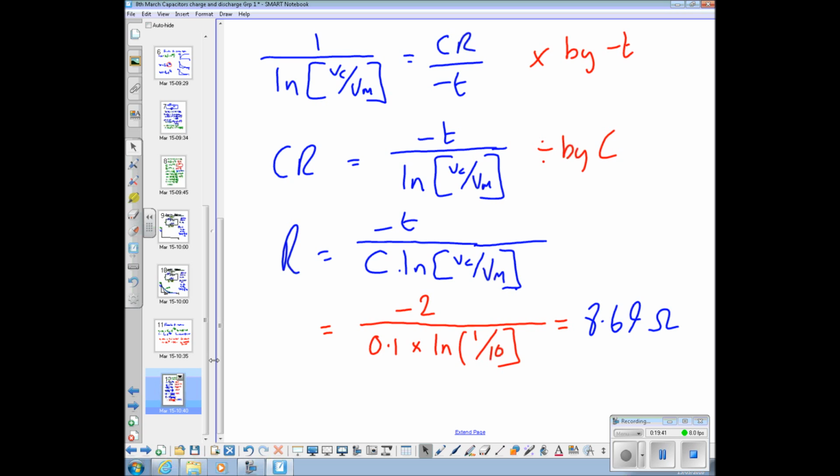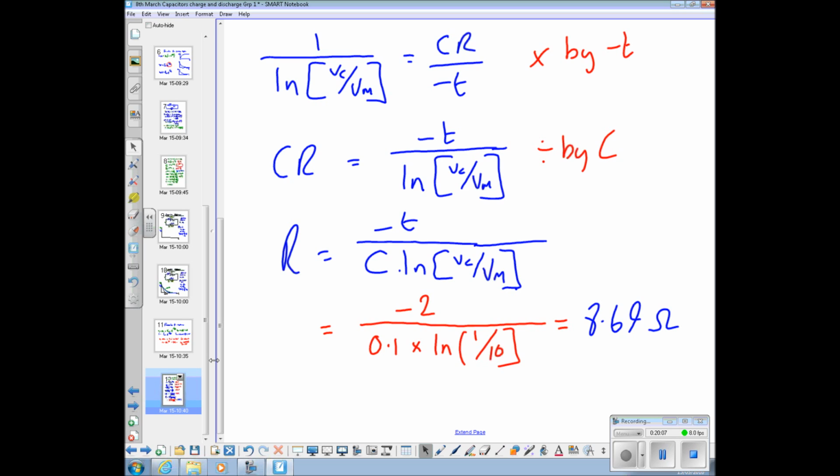Because the resistor being slightly higher than the actual value means that it will take a little bit longer. Do you get what I mean by that? The current would be lower. So to be on the safe side, if you're going to pick a value of resistor, you'd pick one slightly lower than that rather than one higher, because lower is going to discharge it quicker.